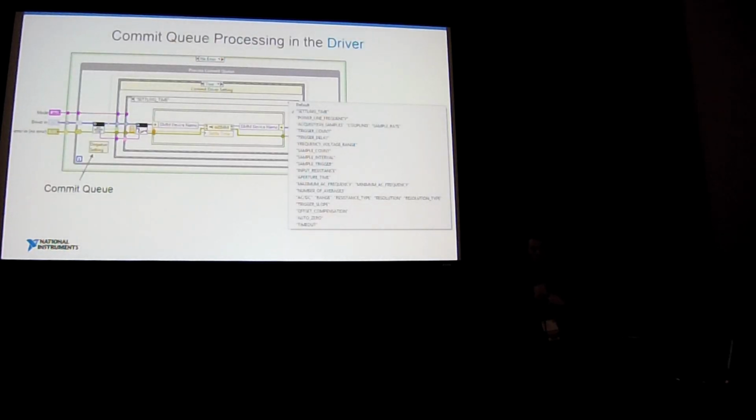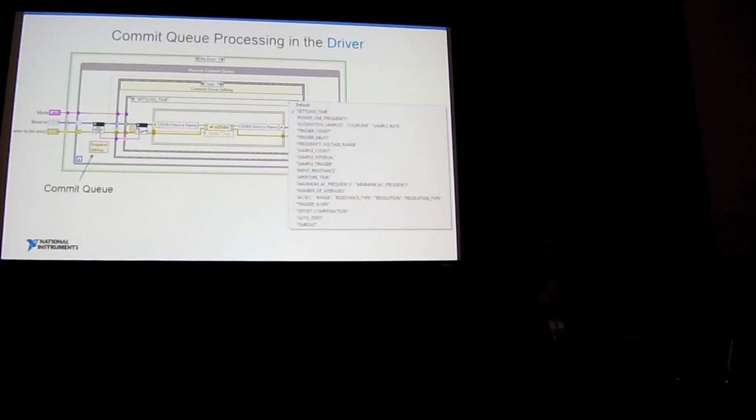So here's an example of when you are actually implementing commit processing in your driver. It's actually a bigger image than maybe I wanted, but I'll walk you through it here. This shows the commit, and on the left-hand side, there's a queue that we're pulling settings out of, and you can see we're just processing it in a loop.